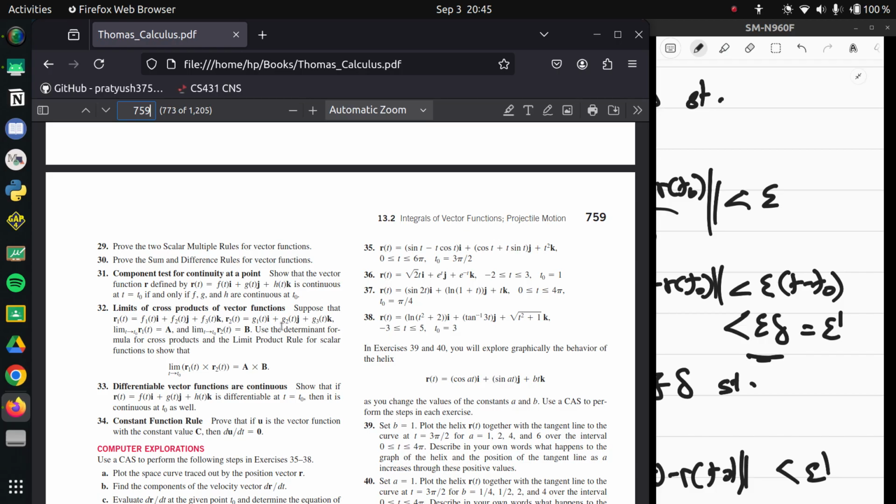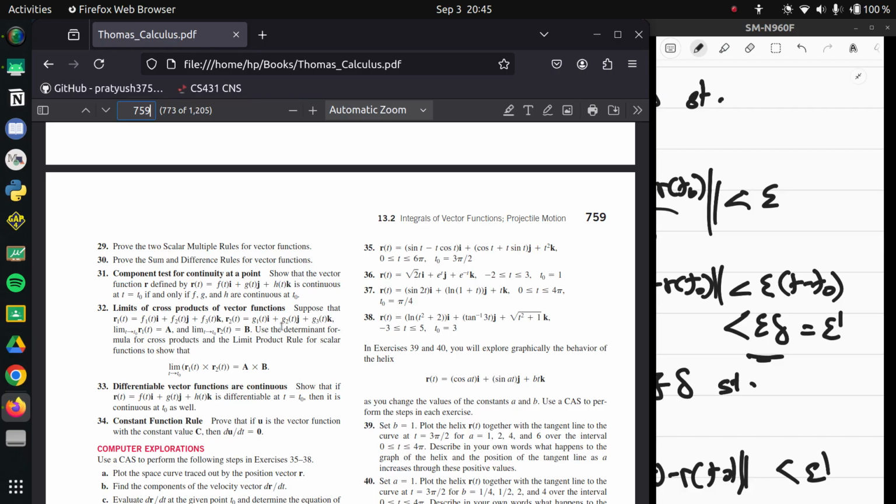Okay, so if delta is bigger than 1, interesting. Yeah, I see. Oh, okay. So the thing is, there exists a delta. Now, if that delta is bigger than 1, there also exists a delta dash which is less than 1.